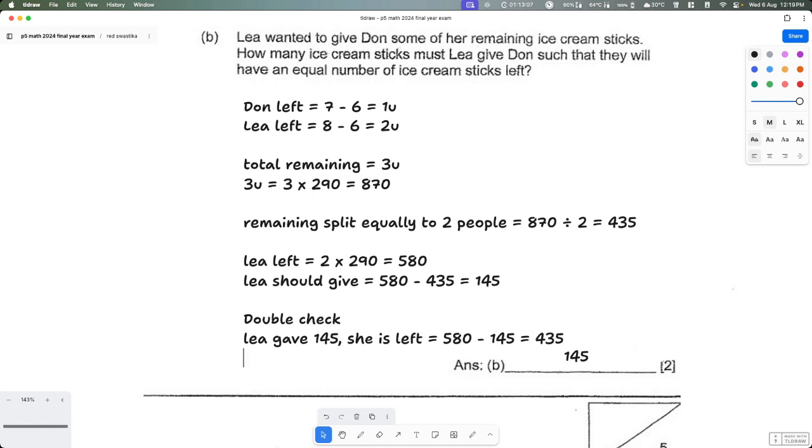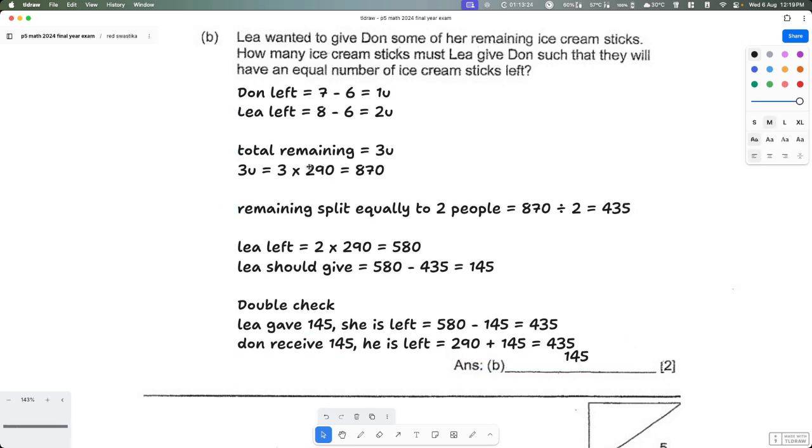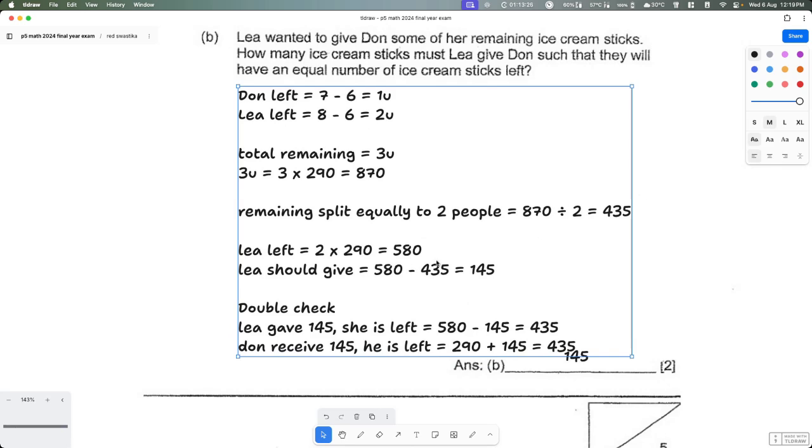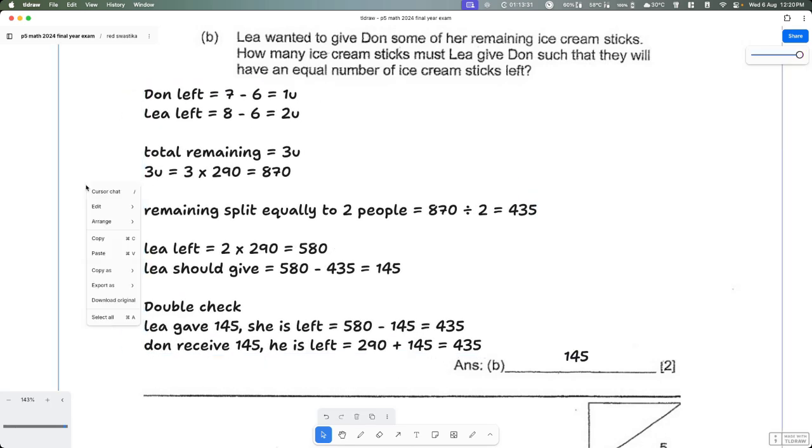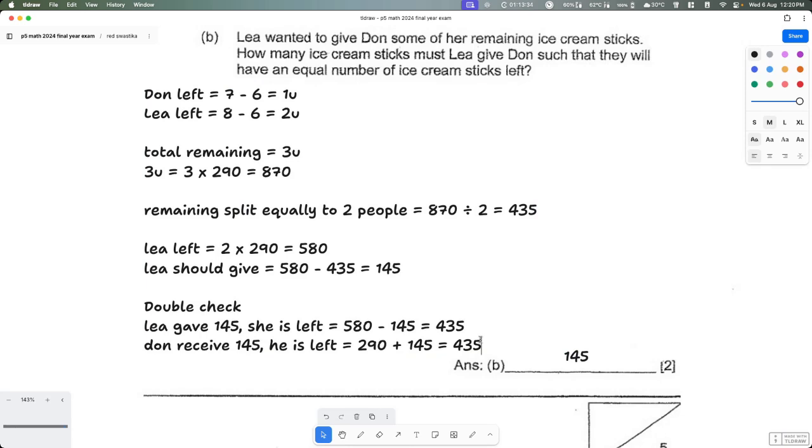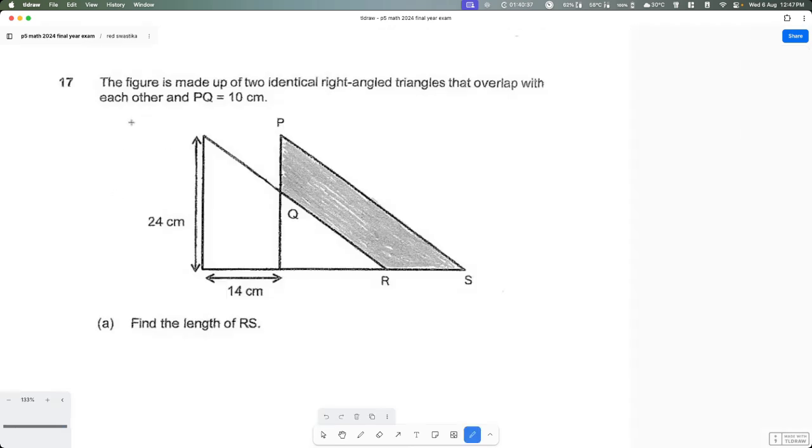Okay, so if Dawn received 145, he is left with, so 1 unit is 290 plus 145 is equal to 435. Okay, so hopefully this makes sense. Yeah, I'm gonna move this a bit here. Okay, so they are the same. Okay lah, that's it. All right, so question 17.